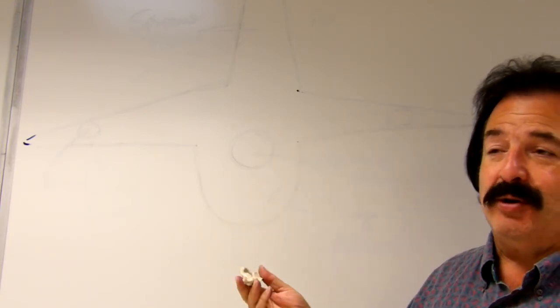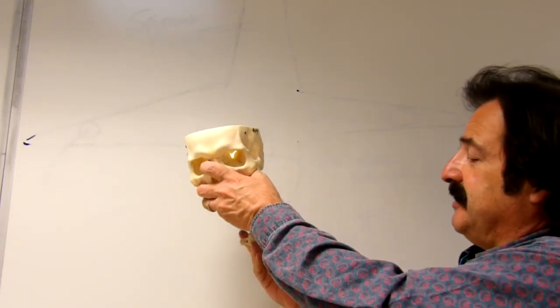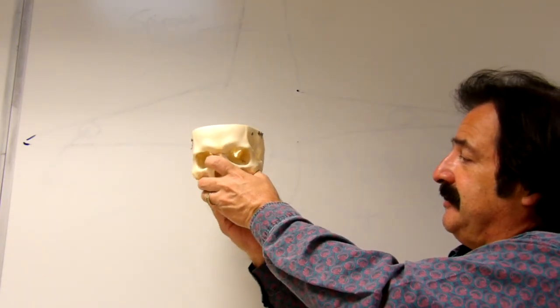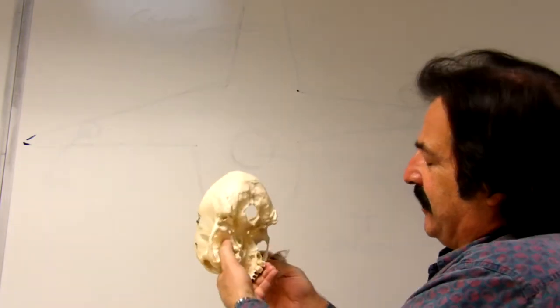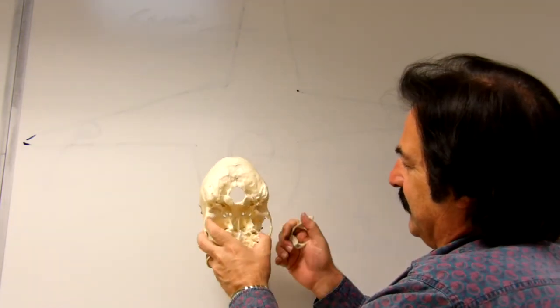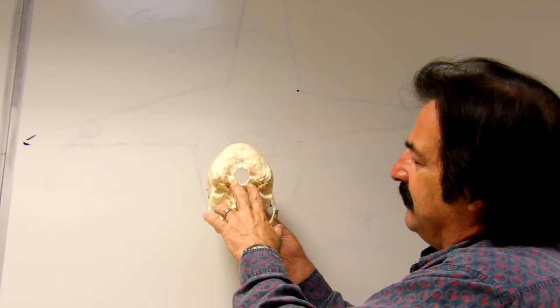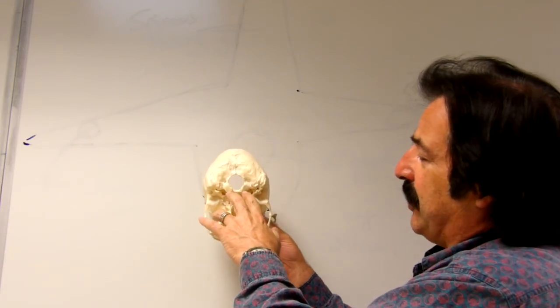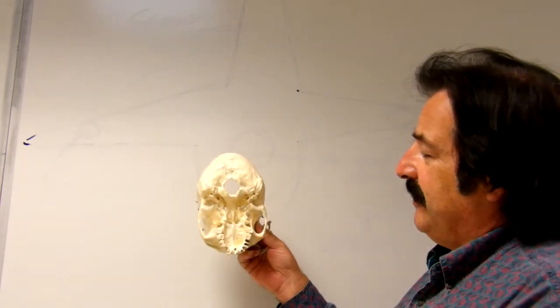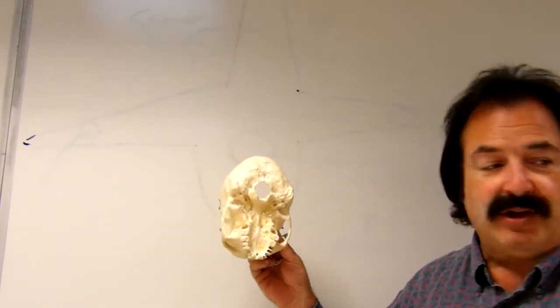C1 is holding up your world, the skull. Just like this. And it turns out that it is the 2 articulating processes on the skull that articulate with C1 below that. We actually need to fill that in.